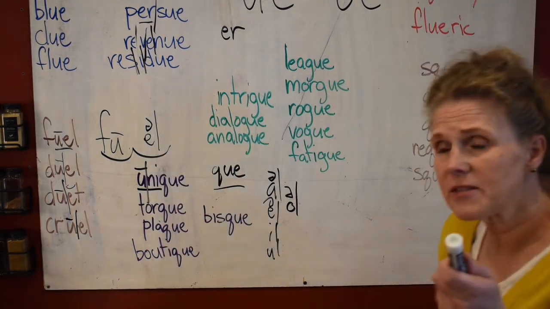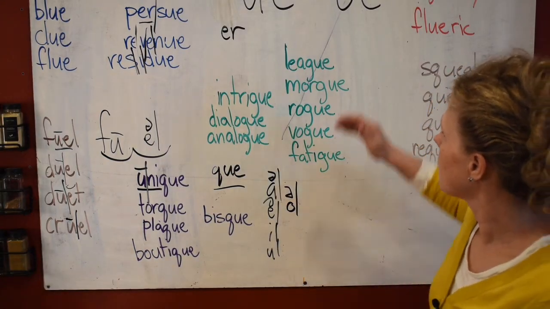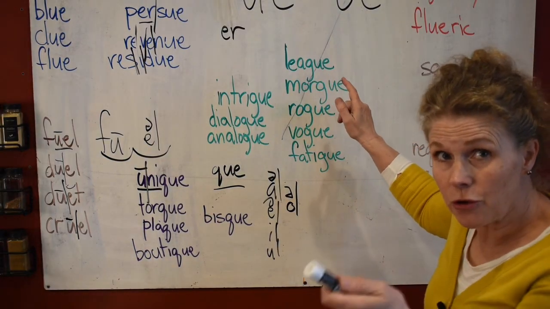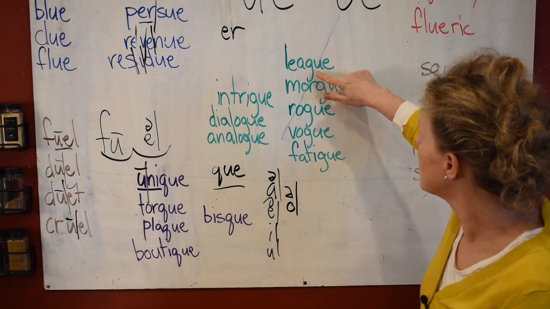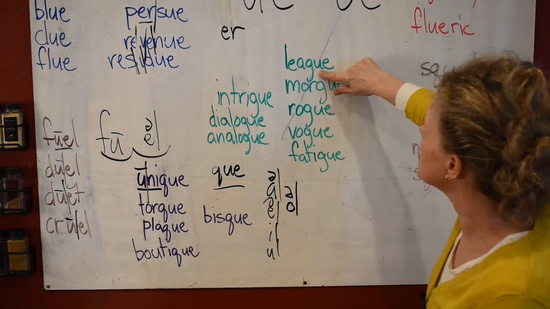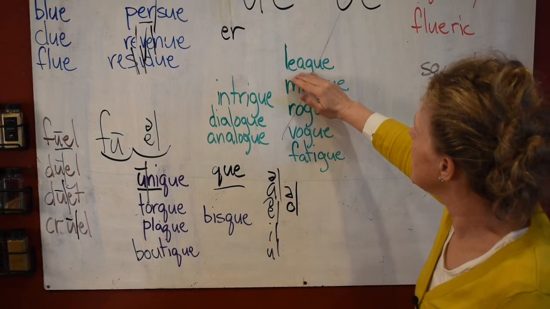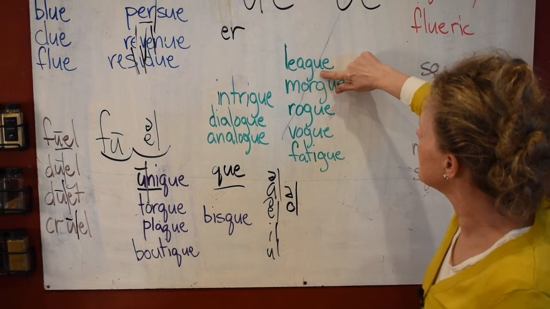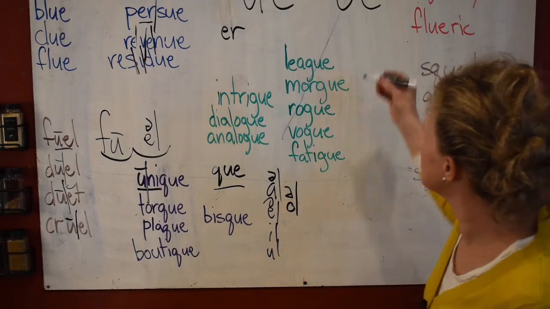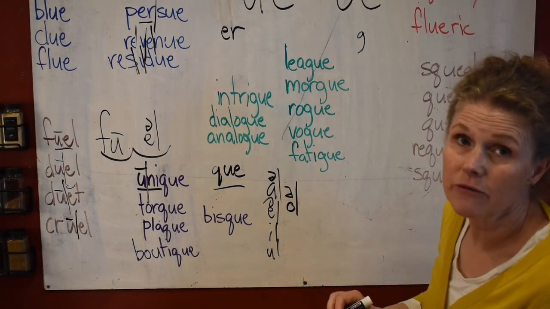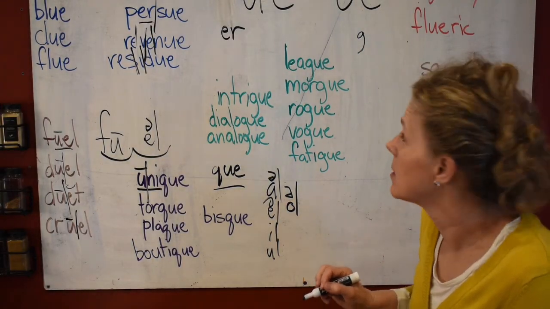Here's another thing that's very confusing. If you see a G-U-E right here, then the U-E is silent. And this says league. Oftentimes if we see a G at the end, it's just by itself, if we want the G sound.